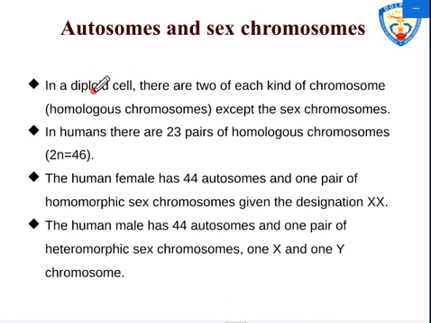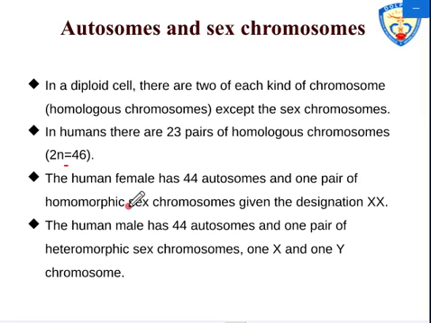In diploid cells, there are 2 of each kind of chromosomes. They are known as homologous chromosomes except for the sex chromosomes. So for example, in humans, there are 23 pairs of homologous chromosomes, so the 2n or diploid number will be 46.